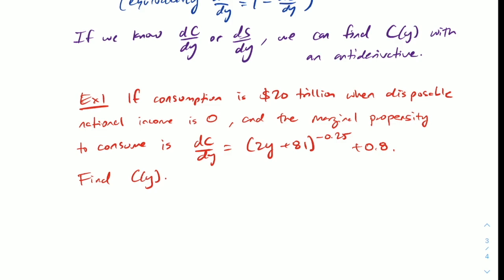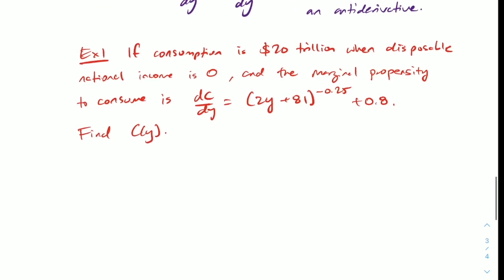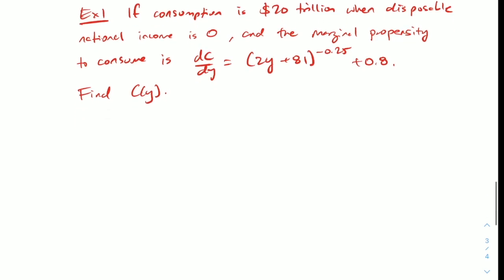All right, so what we're going to do is take this derivative, this dC/dY, and antiderive it to find C of Y. So C of Y is the antiderivative of (2Y plus 81) to the negative 0.25 plus 0.8.